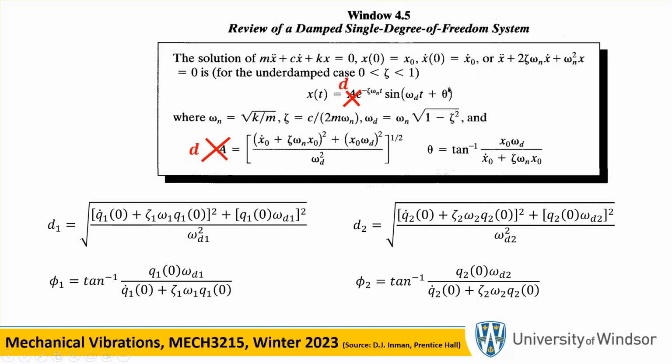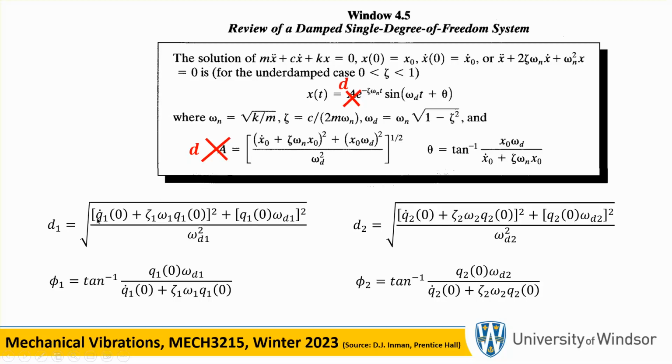Now we have phi1 and phi2 because there are 2 such equations. Everything is the same, except that in that template, instead of A there's the D, and instead of theta there is phi. Now remember, the initial conditions will tell you what the little d and little theta is, or A and theta is. And in it, I have the initial displacement and initial velocity for each of the modes.